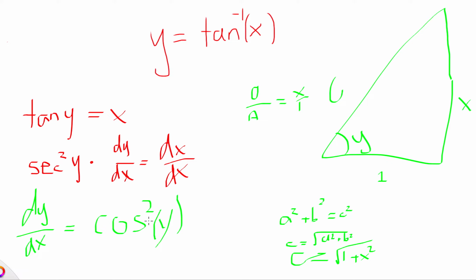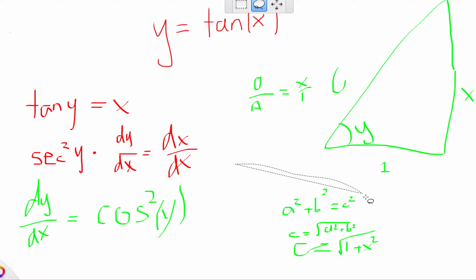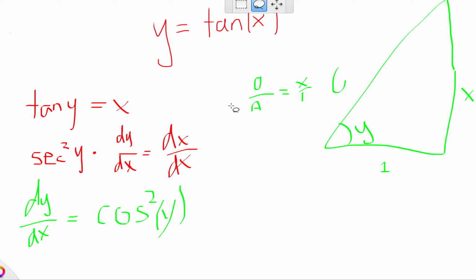And what we need to figure out is what cosine squared of y is. Cosine, if we recall, is adjacent over hypotenuse. So I'm going to move this out of the way because I'm running out of space. But adjacent over hypotenuse, so we know that cosine of y would equal our adjacent over our hypotenuse, which was the square root of 1 plus x squared.